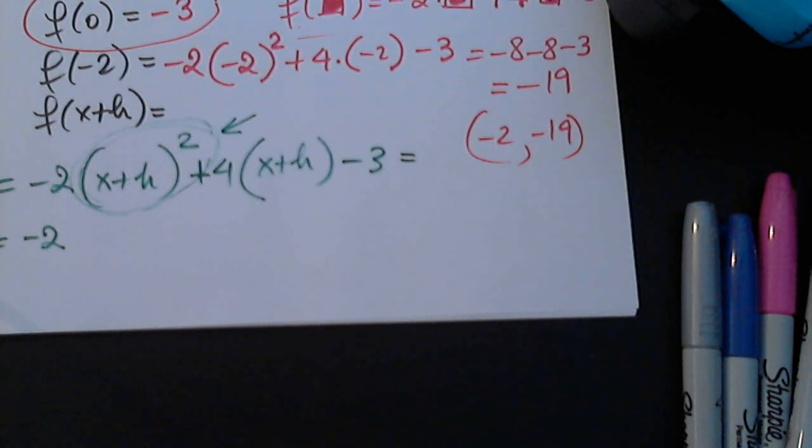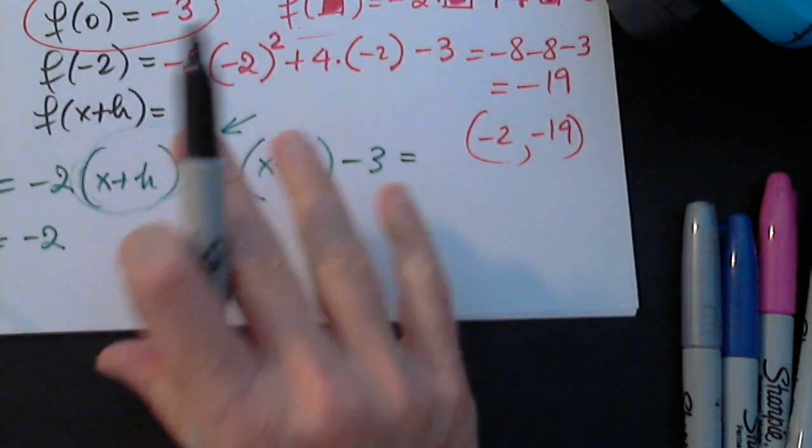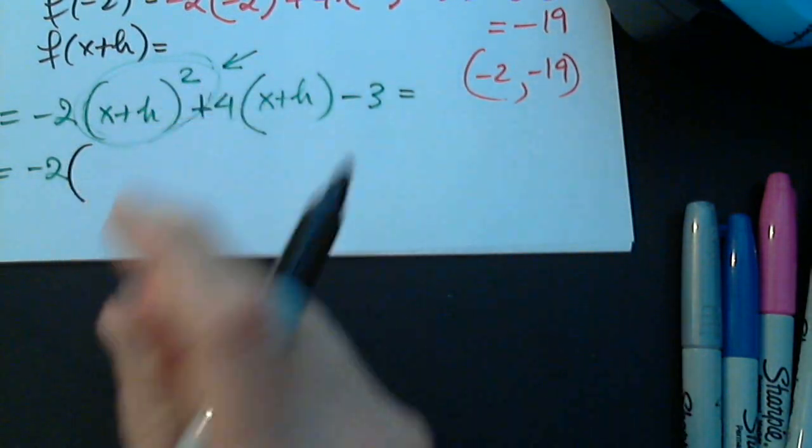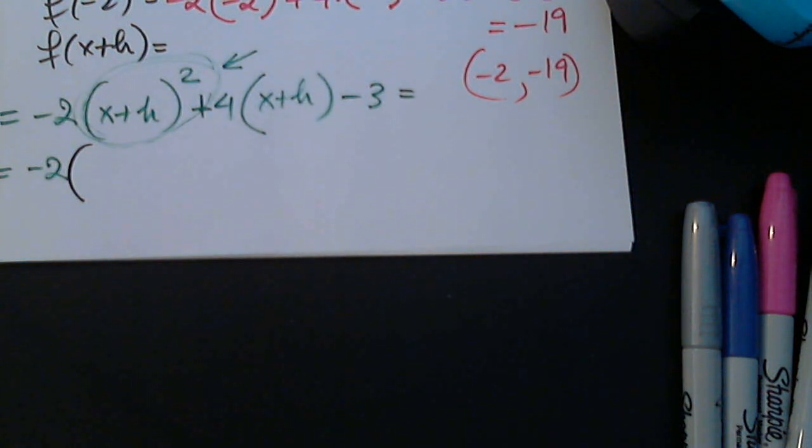Anyone, please? It's x plus h times x plus h. Yes, and the answer is? Yep, we want the whole thing right away. We want to stay away from foiling. We already know the formula.